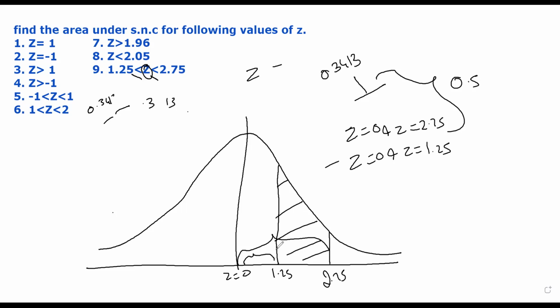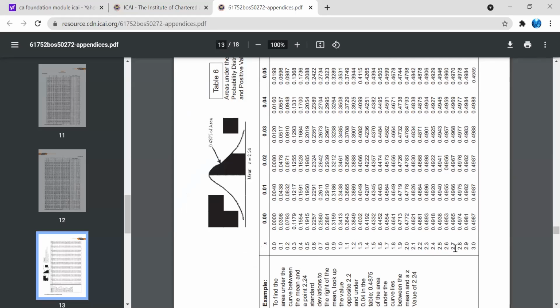Now let us see the area for 2.75. We look at 2.7 and the value for 5, it is 0.4970. Then I want the area for Z equals 1.25 also. So look at 1.2 here and 5 here. This is 0.3944.